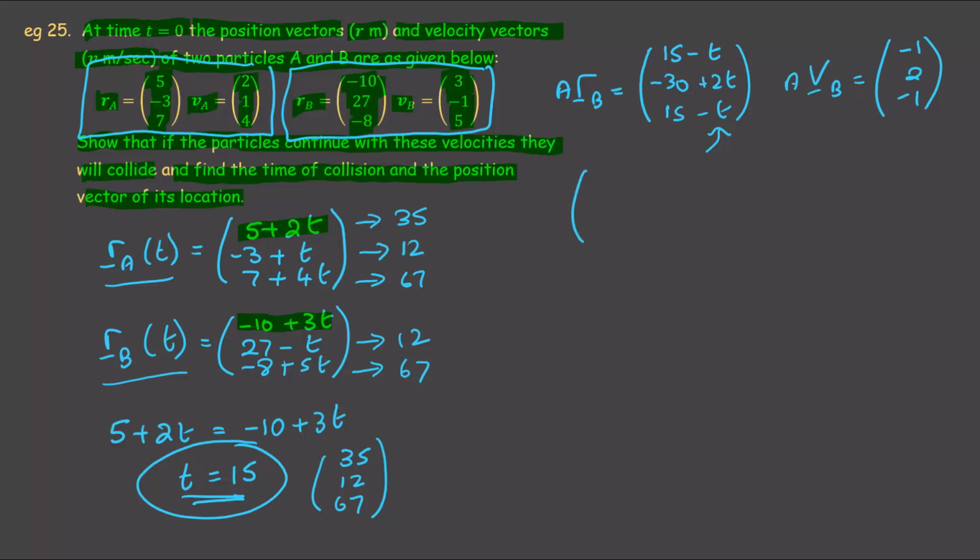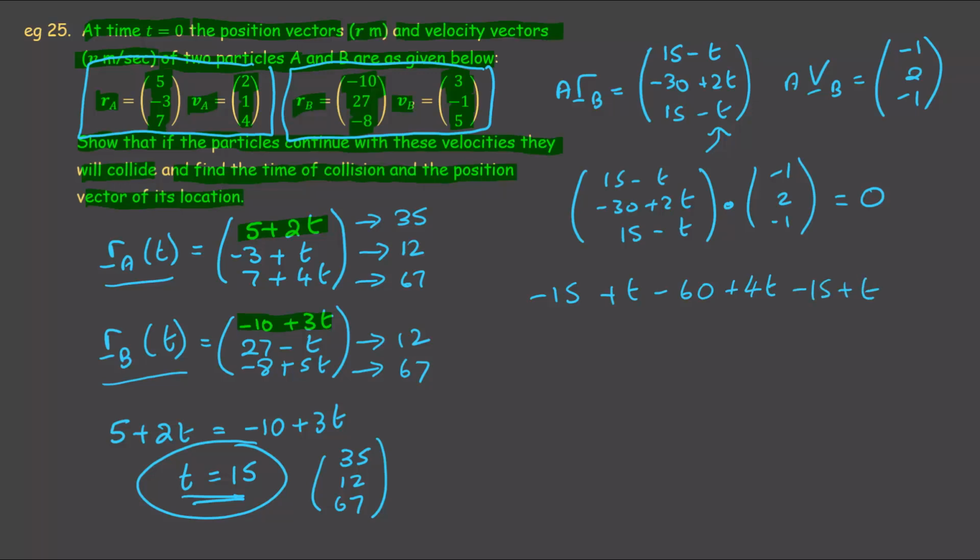And then if we dot those, so we've got (15 take away t, -30 plus 2t, 15 take away t) dot (-1, 2, -1) is equal to 0. So that gives us -15 plus t, take away 60 plus 4t, take away 15 plus t, and that is equal to 0.